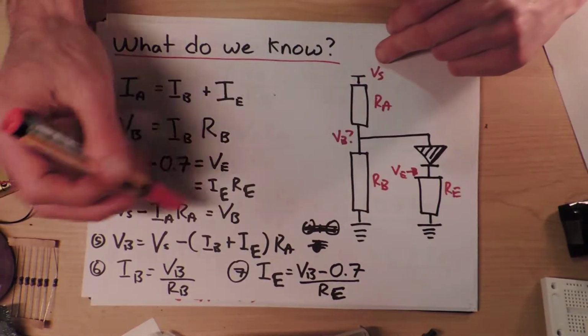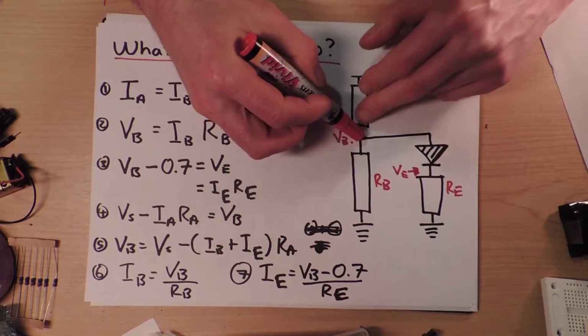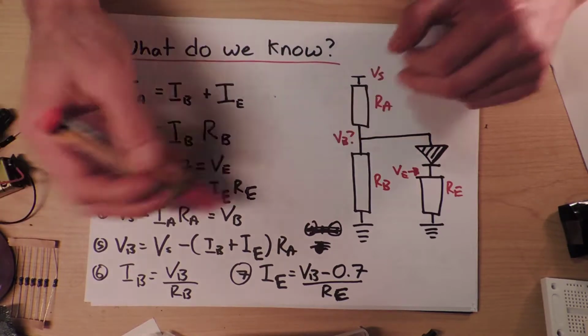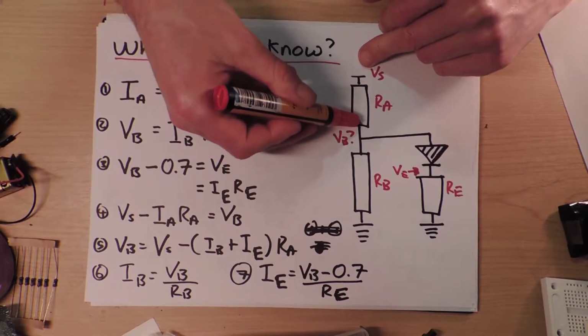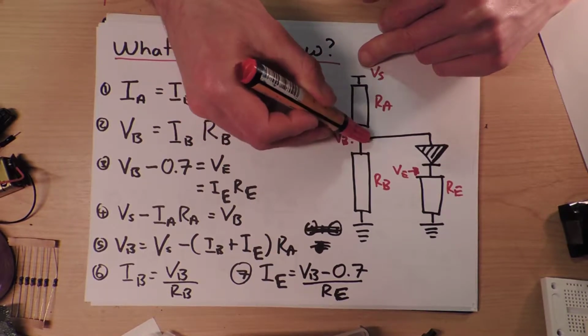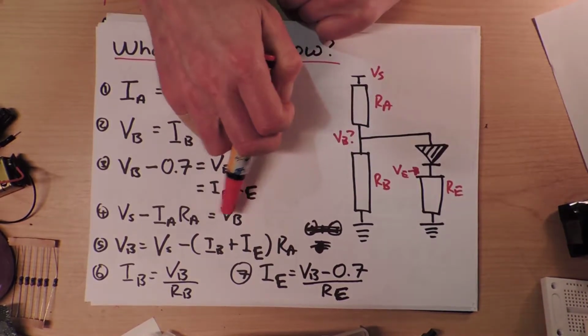If I subtract that from the voltage here, then you get the voltage at point B. So whatever the voltage drop across this resistor, this minus the voltage drop equals the voltage at this point. So that's another thing that gives me VB.